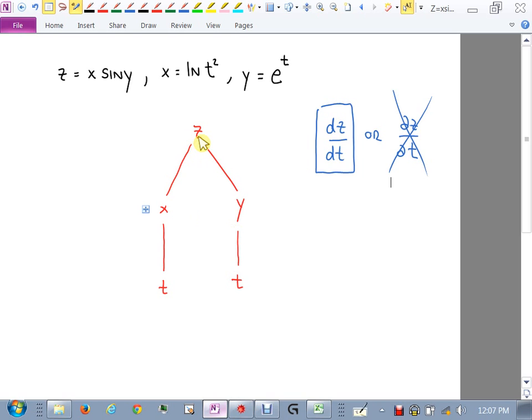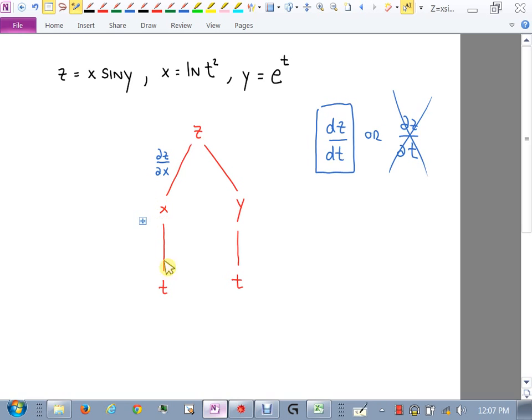What is the derivative of z with respect to x? Right here, where my arrow is, I need to put a derivative down that branch. Is it going to be a straight one or a partial? Partial, because that's where my z depends on two things here. So I will put there partial z with respect to x. Got that?